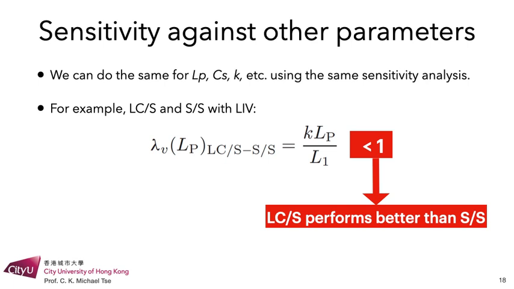And for the case of LP, we actually found that the LCS topology performs better than SS topology by extending the input side here. Okay, so because this relative sensitivity is less than 1.